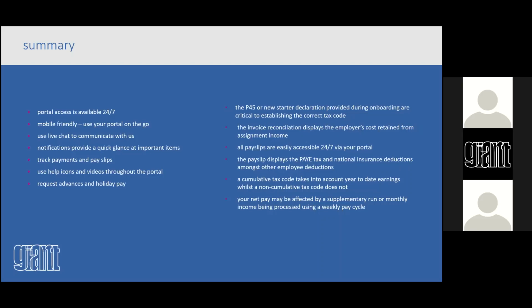Also, a cumulative tax code takes into account year-to-date earnings, whilst a non-cumulative tax code does not. Also, your net pay may be affected by a supplementary run or monthly income being processed using a weekly pay cycle.